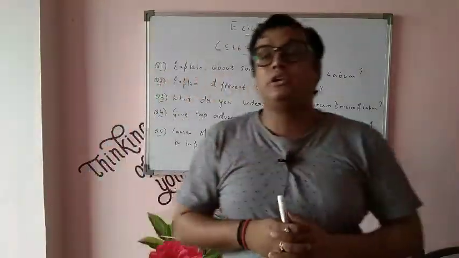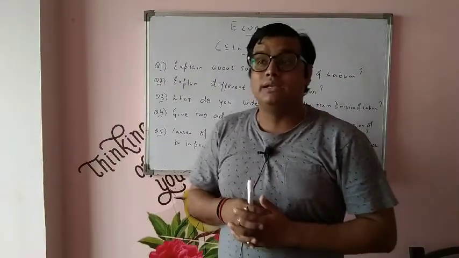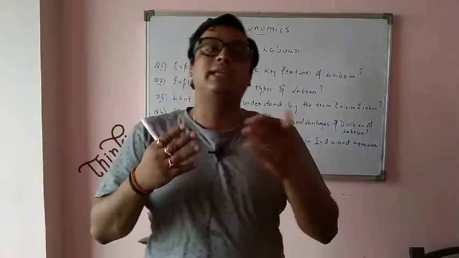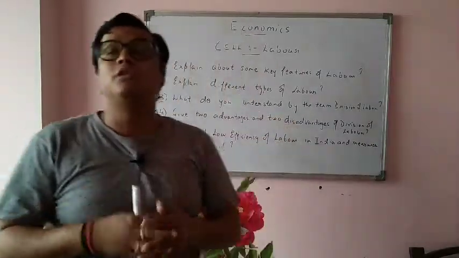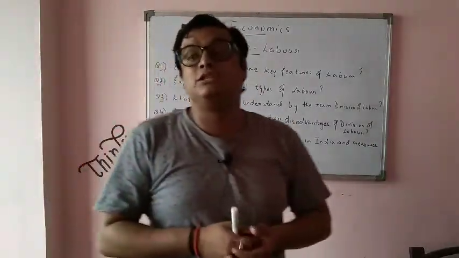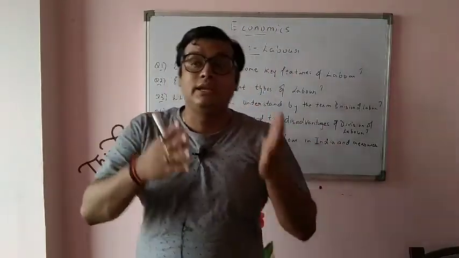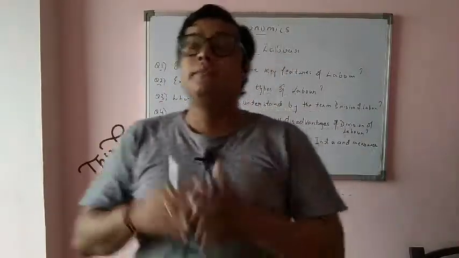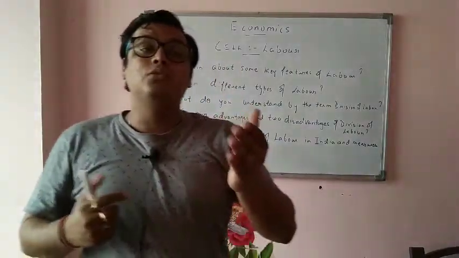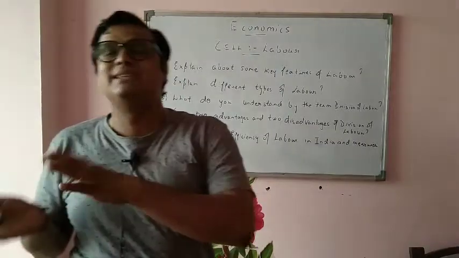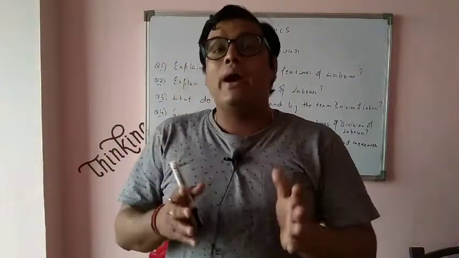Next, a very important topic: labor is perishable in nature. It can be asked as a 2 marks question also. Labor is perishable in nature. Why? Because the labor's utility decreases with time. Remember, in a government office there is a retirement age, basically 60 years. Why is it 60 years?